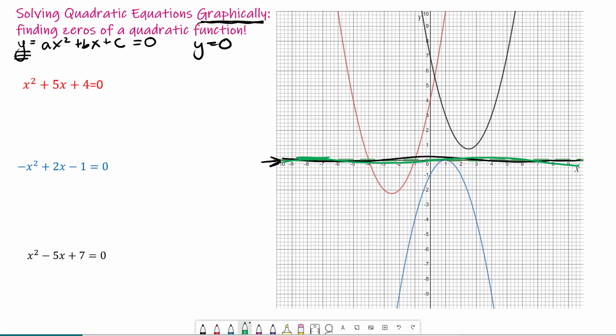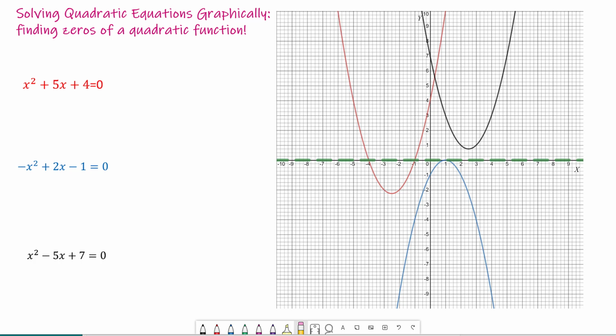And so if we look at the quadratic function, we can draw it and look for the places where the quadratic function crosses the x-axis. So let's make this neat again so that it's easy for us to follow along. Now, what's interesting about quadratic equations is that we can get more than one solution.